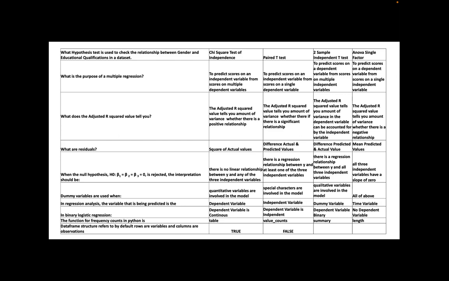Option C. To predict scores on a single dependent variable from scores of multiple independent variables. Option C. What does adjusted R square tell you?